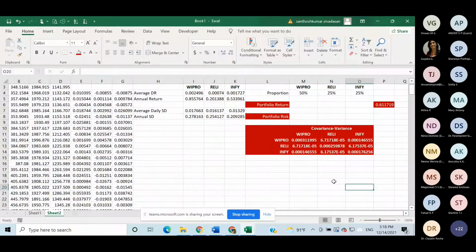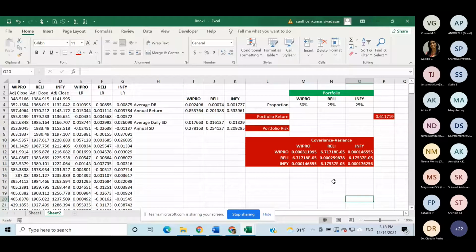Remember, in the spreadsheet, I'm giving you the shortcut. Okay, this is the proportion, right? This matrix into this proportion, or this weight, into the product of variance covariance into the proportion.